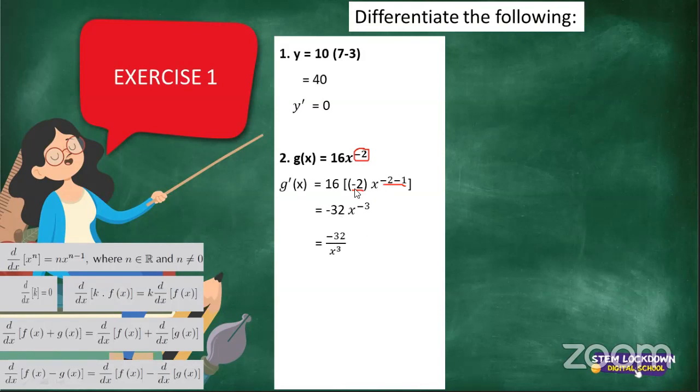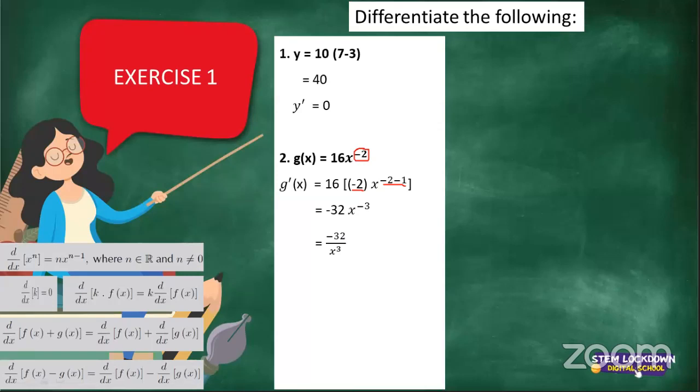You can just leave your answer as -32x to the power of -3. I was just trying to show you that if you simplify it further, this is how we write it, according to our rules of exponents.